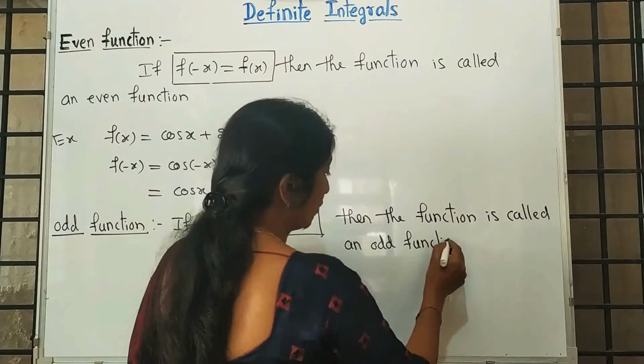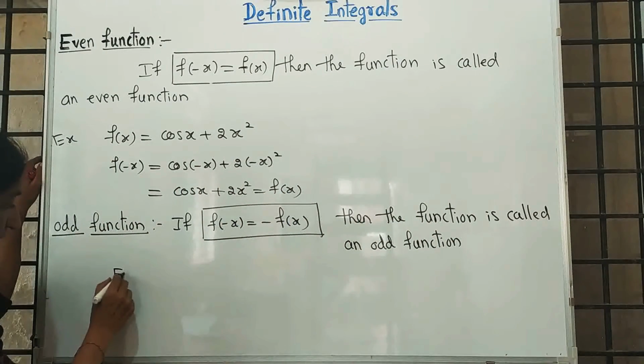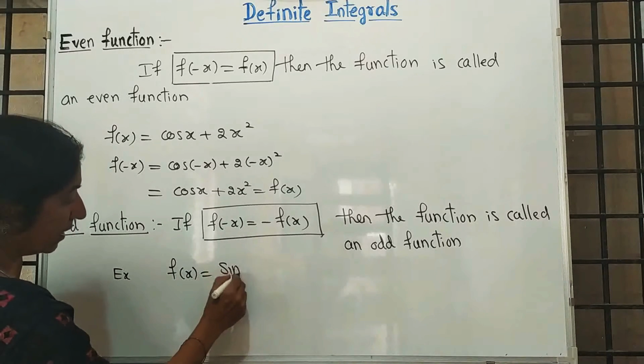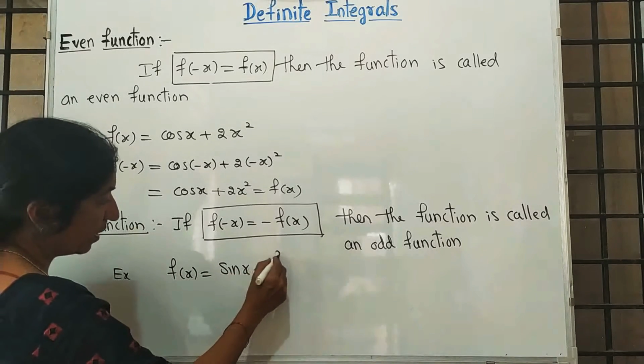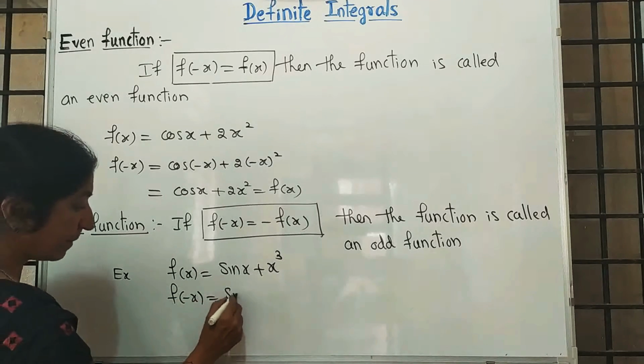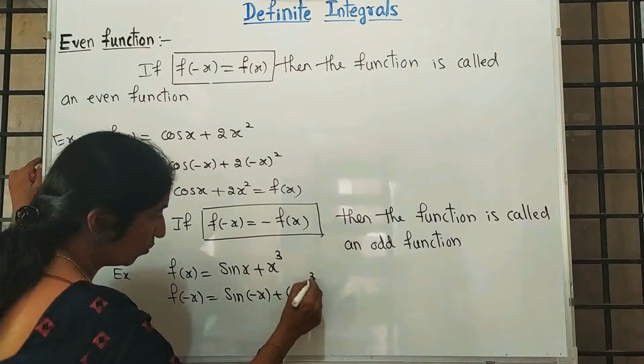So here also I will explain with the help of an example. If you write f of x is equal to sin x plus x cube, again replace x by minus x. Sin of minus x plus minus x whole cube.